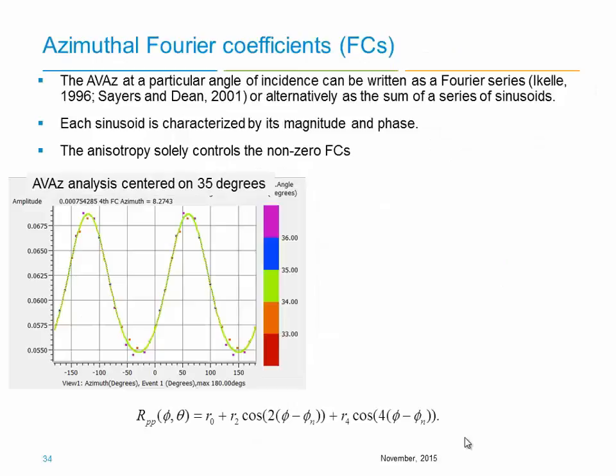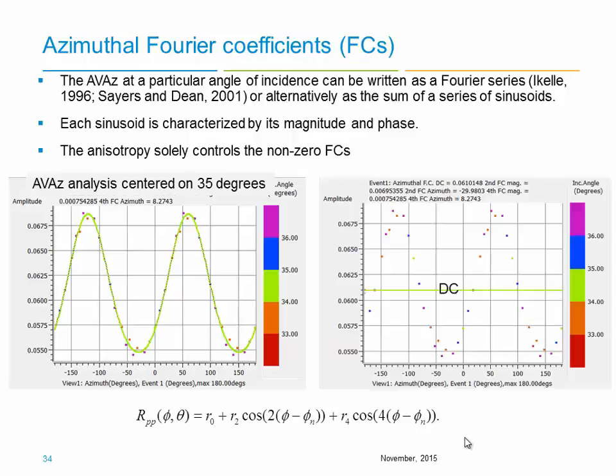Now, rather than looking at both the amplitude versus offset and azimuth, we can restrict ourselves to just looking at the amplitude versus azimuth. So, for example, if I was to look at the amplitude versus azimuth at 35 degrees, I would see some sort of sinusoidal behavior. And I can decompose this sinusoid into a series of constituent parts.